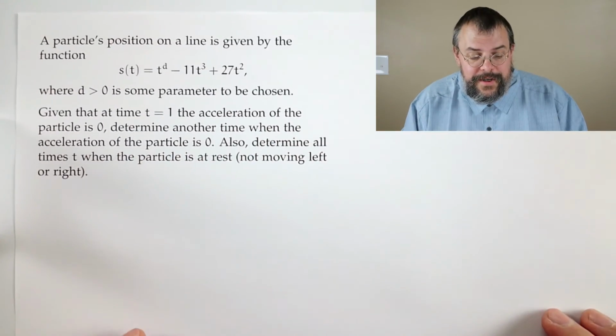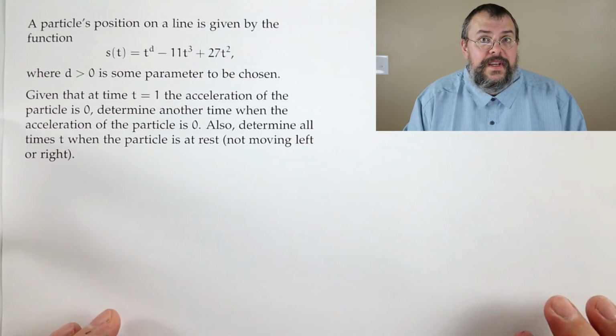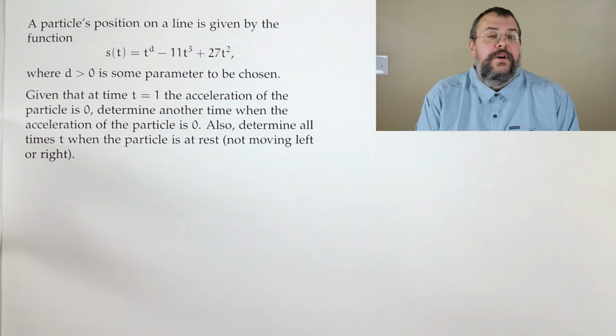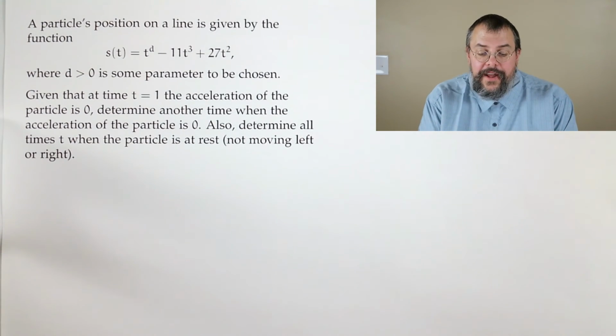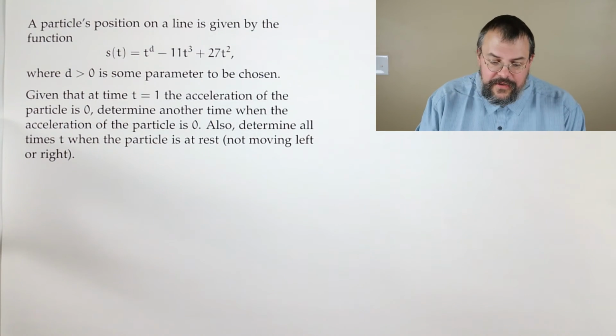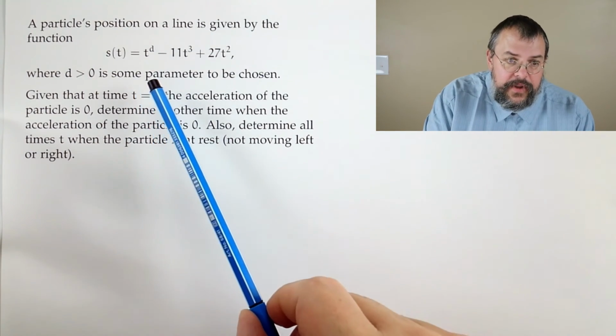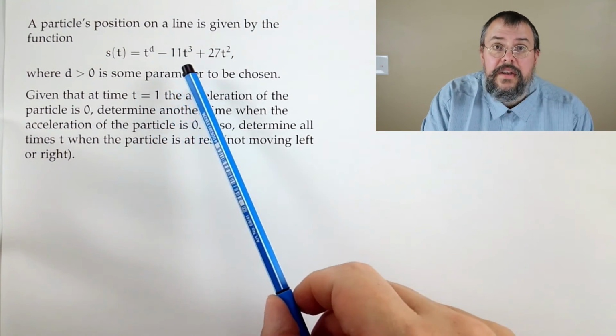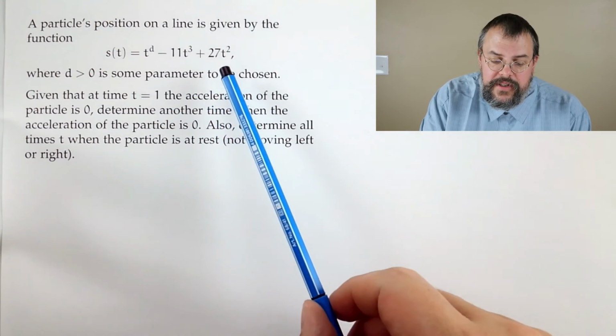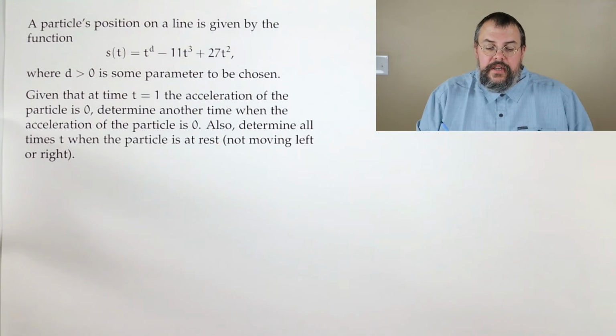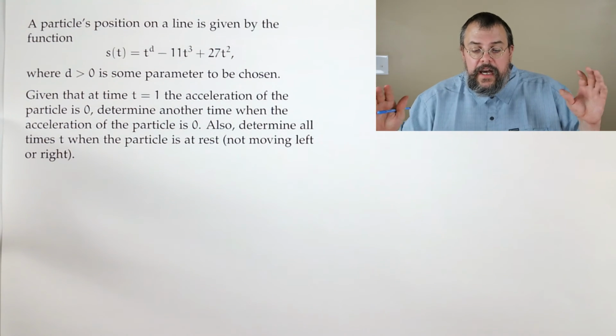All right. Well, let's try one more problem. Okay, so a particle's position on a line is given by a function: t to the d minus 11t cubed plus 27t squared, where d is a positive number and some parameter.